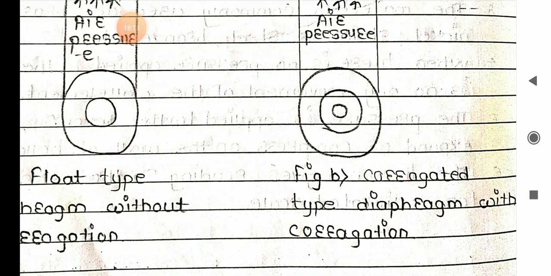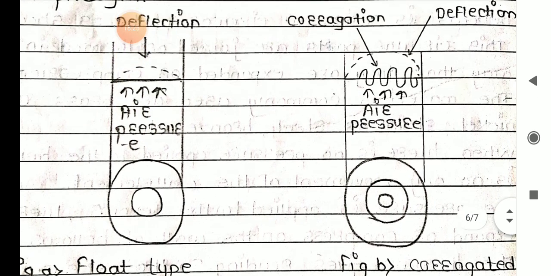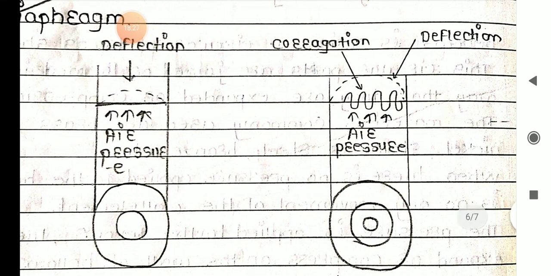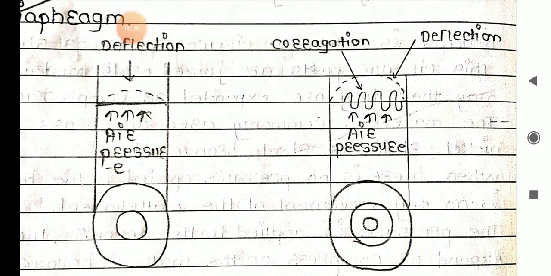In flat type diaphragm, the surface area is very small, so it gives smaller deflection. In corrugated type diaphragm, the surface area is large, which gives greater deflection, because the area is more. So that's why it gives greater deflection compared to flat type.